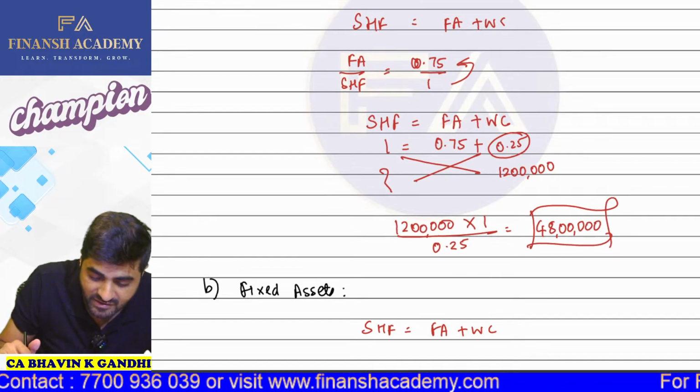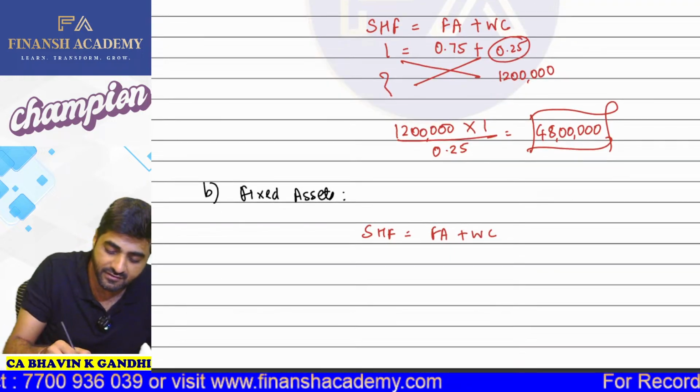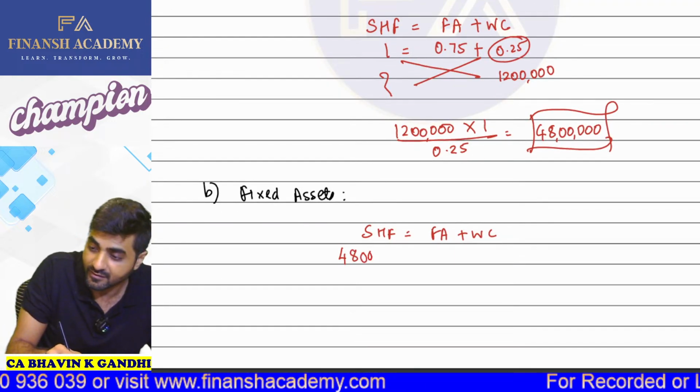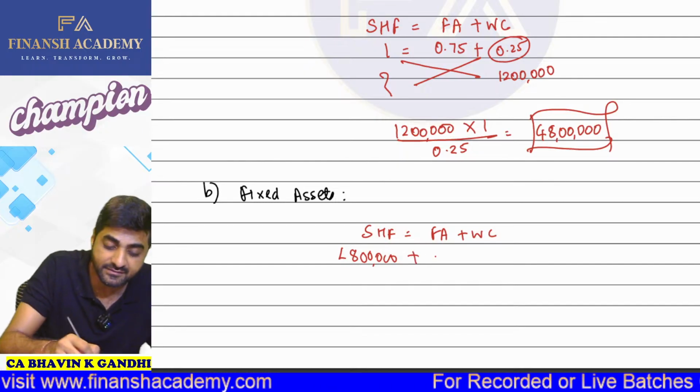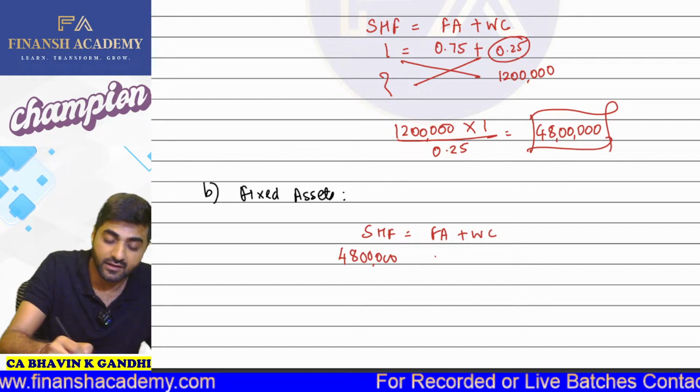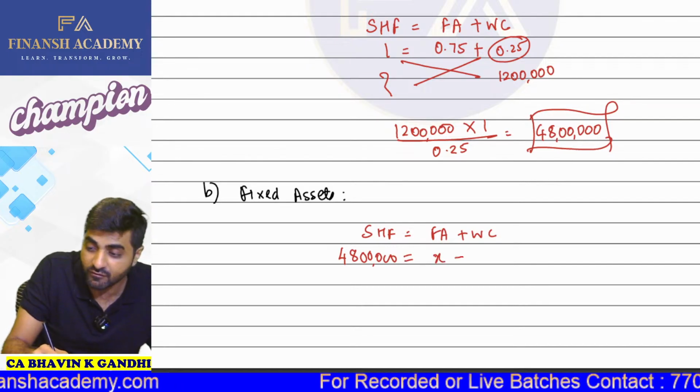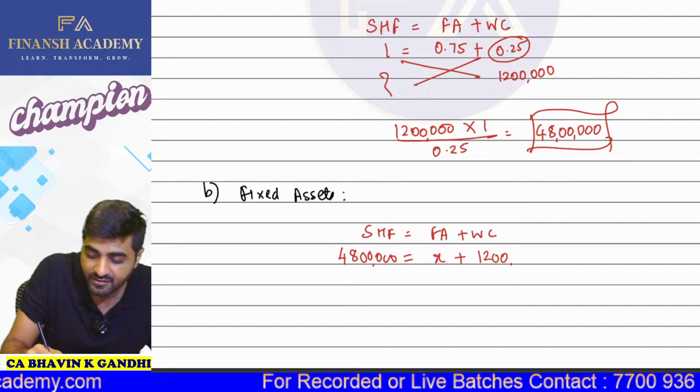So we have the shareholders funds as 48 lakhs. Let the fixed assets be X. So automatically your working capital amount is 12 lakhs.